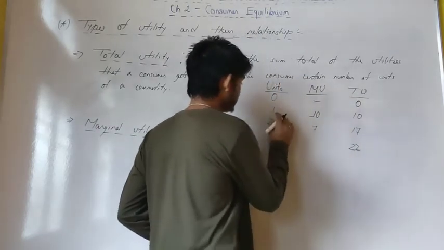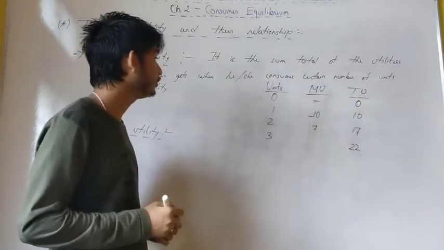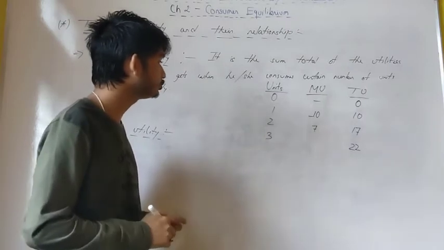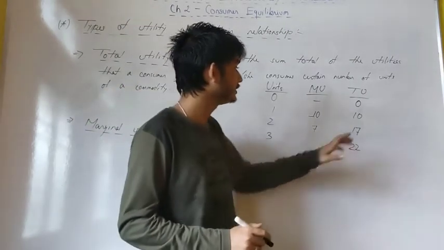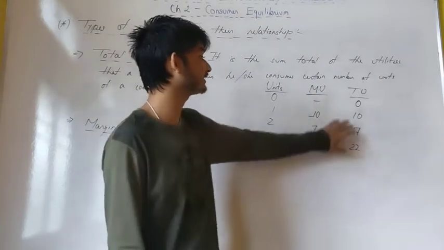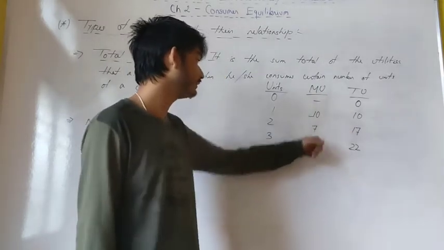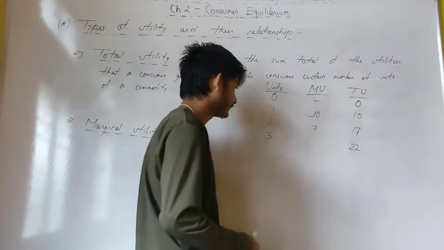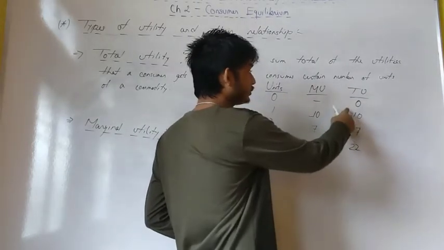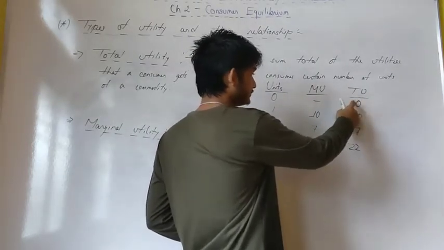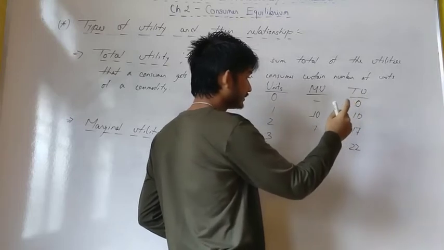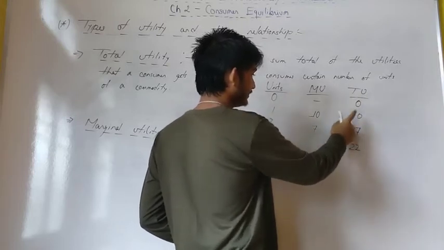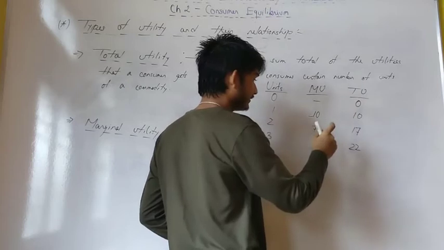So that means when he consumed one more extra unit of the commodity from 1 to 2, he got a utility of 17 utils, and if we deduct 10 from 17, we will get 7. Similarly, here we have deducted 0 from 10. Here we have deducted 10 from 17.